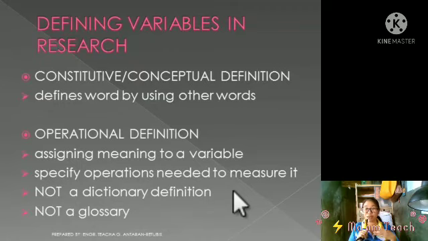So it is you that will give the definition or will assign meaning to that variable. So take note, class, that it is not a dictionary definition, or we cannot find it in a dictionary. These terms that you use in your operational definition cannot be found in any dictionary because you are the one assigning it somewhat.